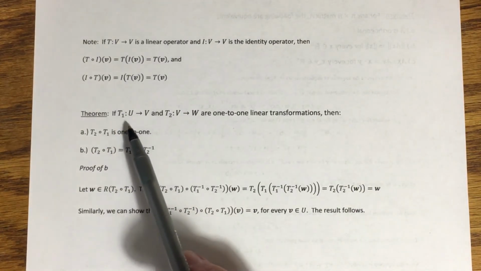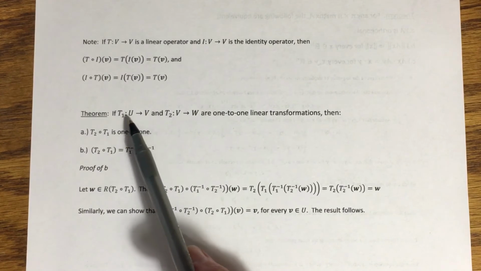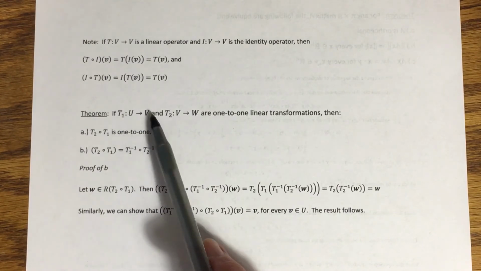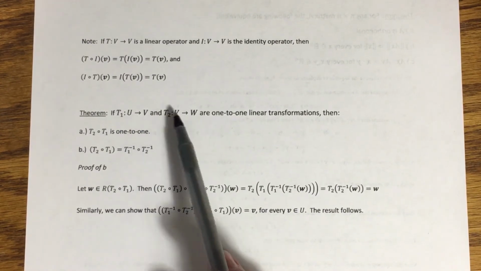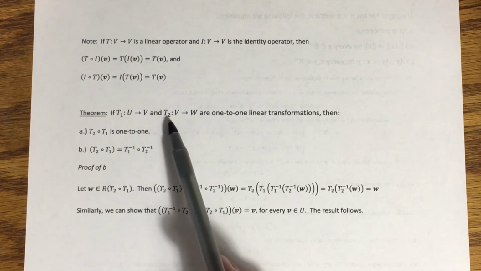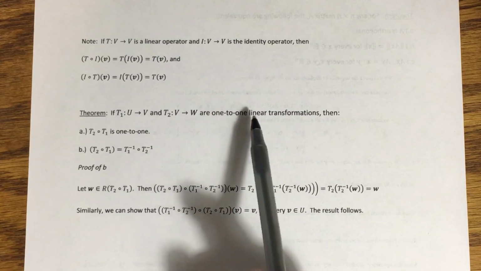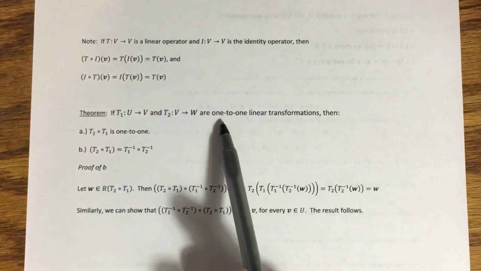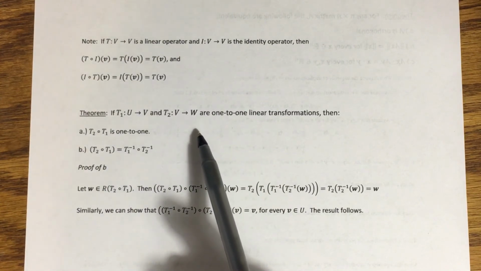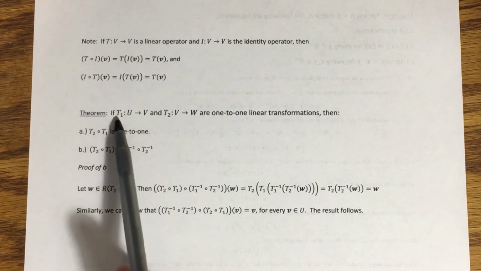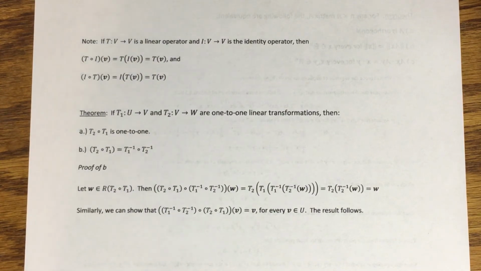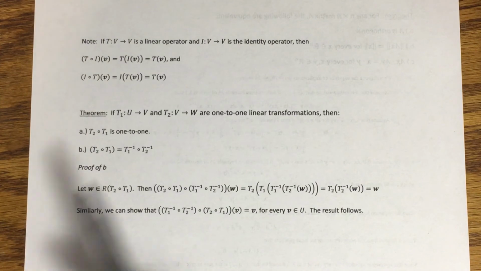We're going to assume here that T1 and T2 are linear transformations. T1 maps U into V, T2 maps V into W. This allows me to take the composition of T2 with T1. And we're also going to assume that they're both one-to-one linear transformations. Remember, that assumption allows us to use the fact that both of these have inverses. And that's kind of where we're going with this.